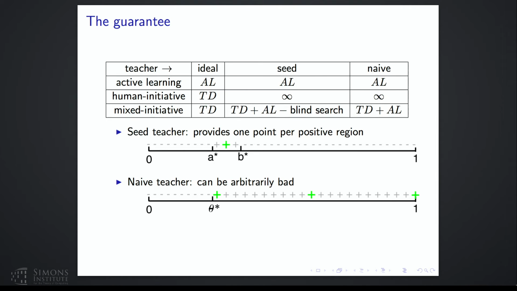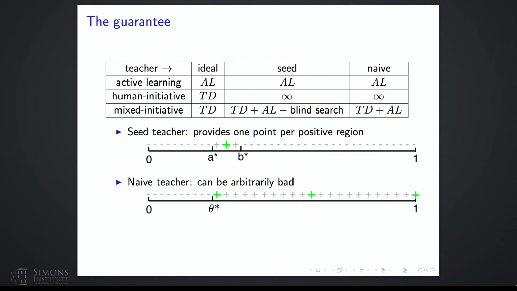You could have some human teachers that are ideal, that know, hey, this is a 1D threshold problem, I really just need to give you 2 examples. Or ignore this for now. Or you can have really bad, naive human teachers who are bad in the sense that they don't know what are the good examples X to give to the computer. But still, they're noiseless. They always give the correct label Y for any X. Okay, so that's that.